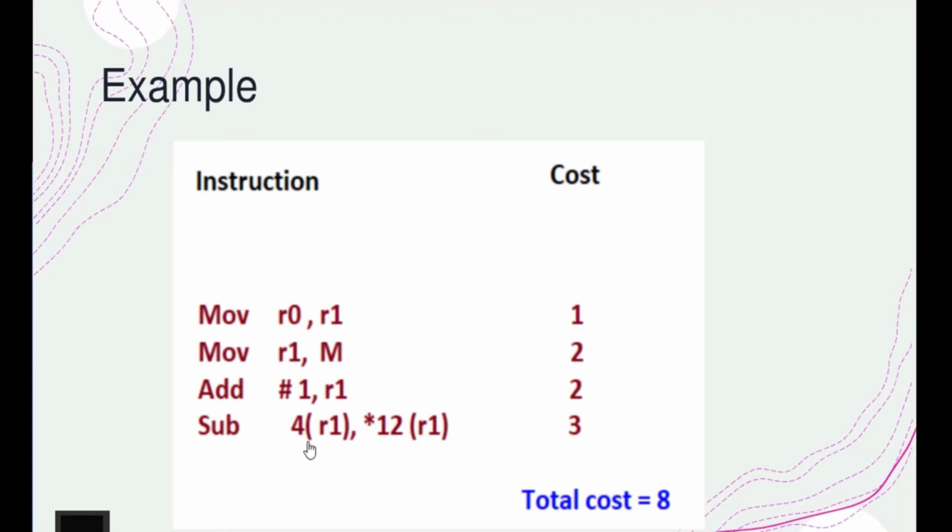This is indexed addressing, and for this the cost is 1, and this is indirect indexed addressing, and for this the cost is equal to 2. So for both, 1 plus 2, the overall cost is equal to 3. So the total cost for this instruction set is equal to 1 plus 2 plus 2 plus 3, that is equal to 8.